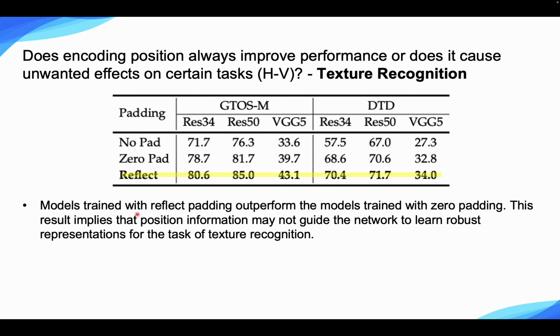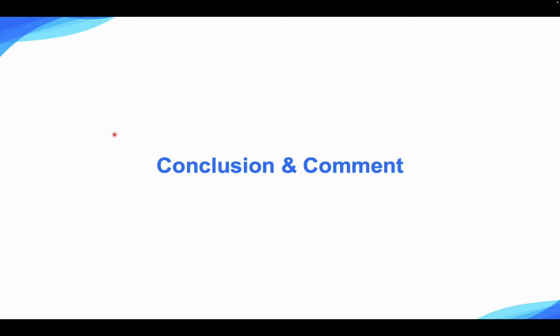We can find that the model trained with reflect padding outperforms the model trained with zero padding. This result implies that position information may not guide the network to learn robust representations for the task of texture recognition. So in short, does encoding position always improve the performance? We can say that it really depends on your task.